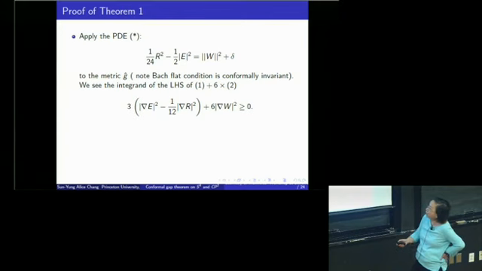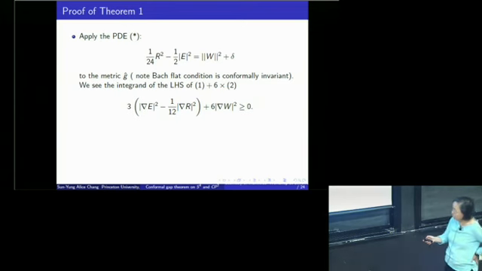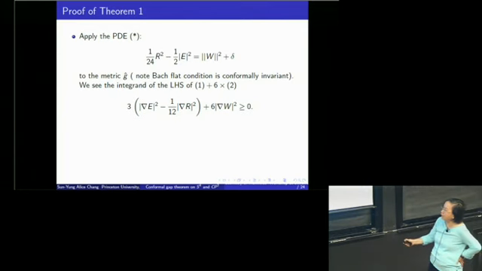So what we do now is we look at the PDE we have. That's our PDE. From the PDE, we derive a relation between the energy E, R, and Weyl. This is equal to that, which means this is positive.